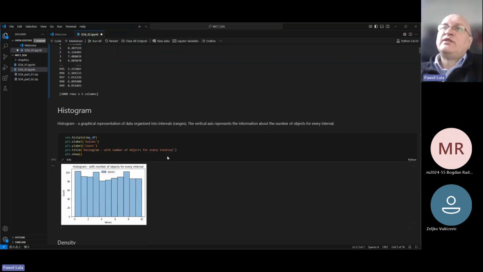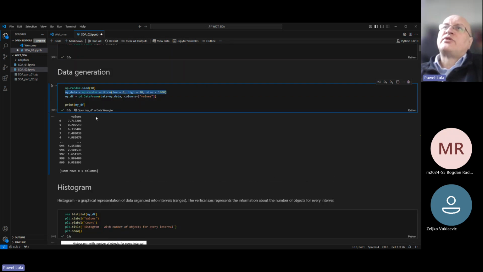I think that the simplest form of describing values of random variables is to plot this diagram, which is called a histogram. We see here a histogram.